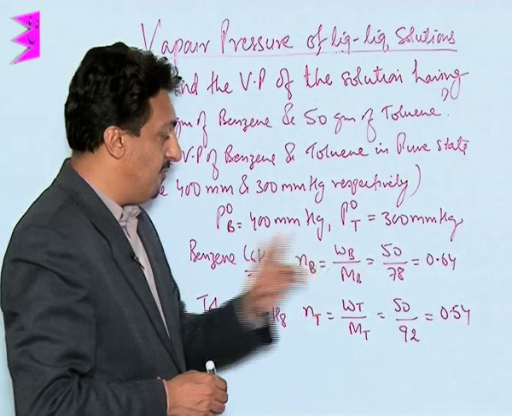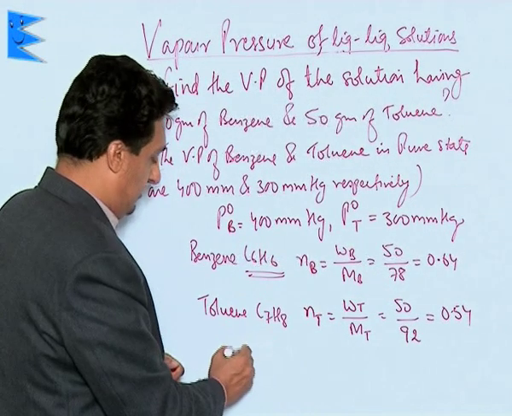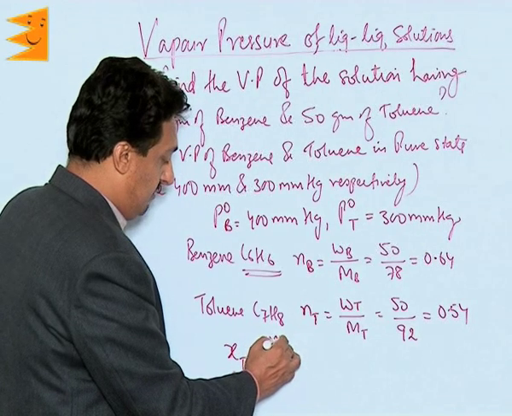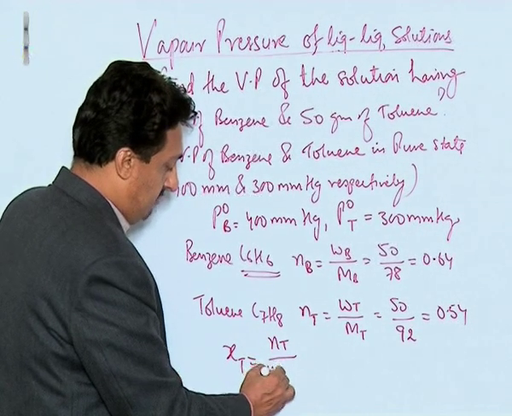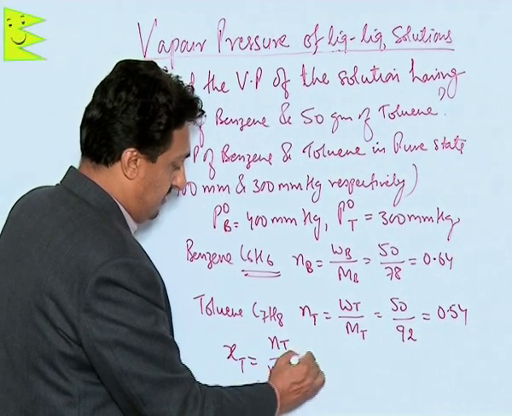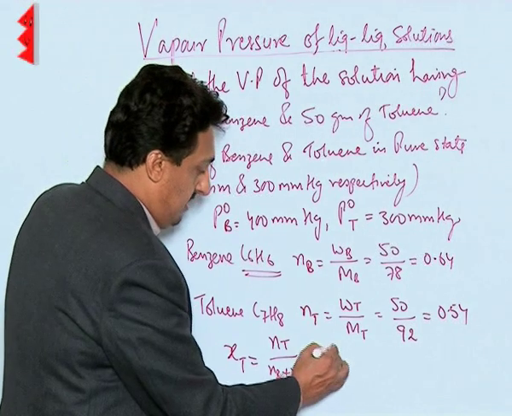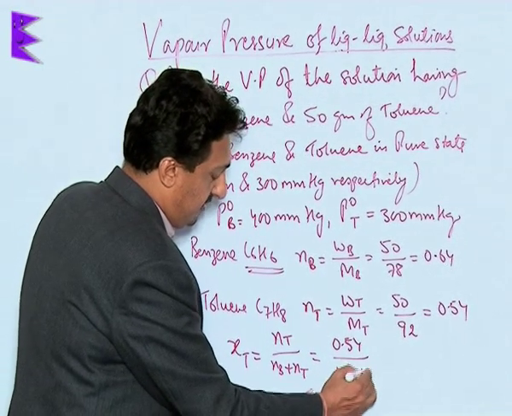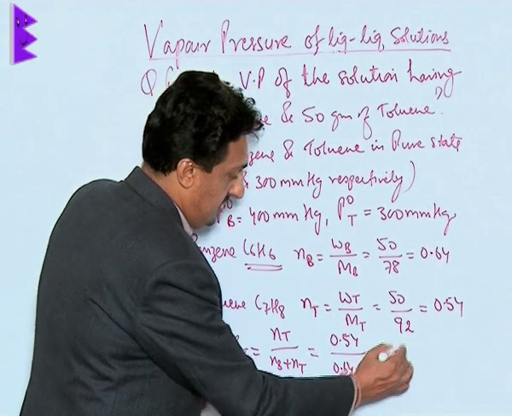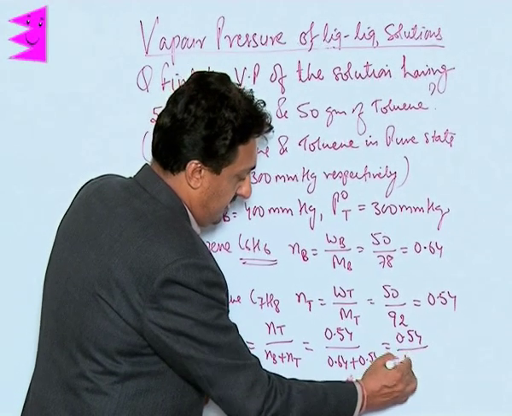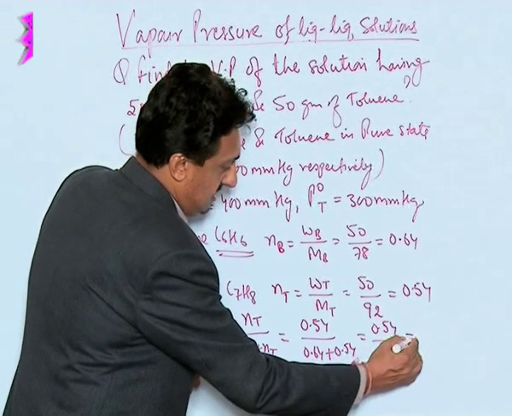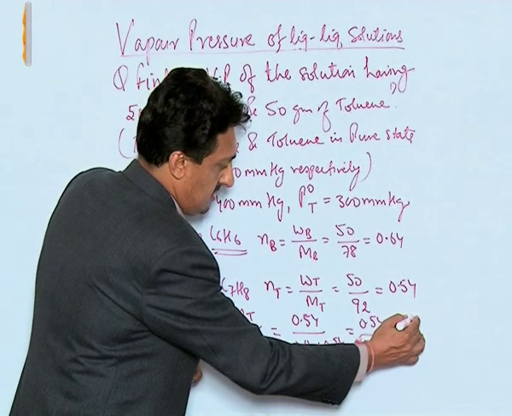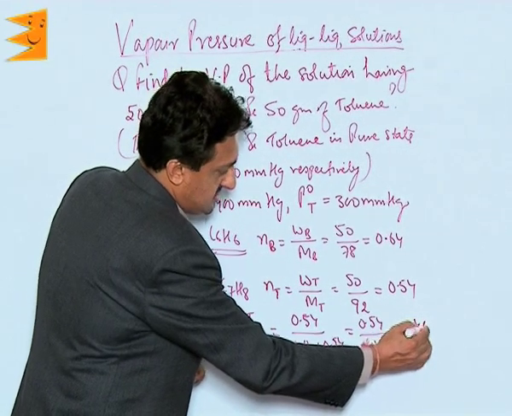Now these are the number of moles of the two components we have. So the mole fraction of toluene will be the number of moles of toluene upon the number of moles of benzene plus the number of moles of toluene. So it will be 0.54 upon 0.64 plus 0.54. This is 0.54 upon 1.18, which comes out to be approximately 0.46.